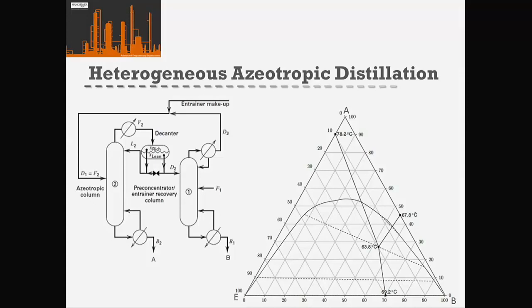But we do have this heterogeneous ternary azeotrope here, and that has a liquid-liquid separation that follows essentially this tie line. So if we have a liquid here, we would produce one up here in this region and one down here in this region. Okay?